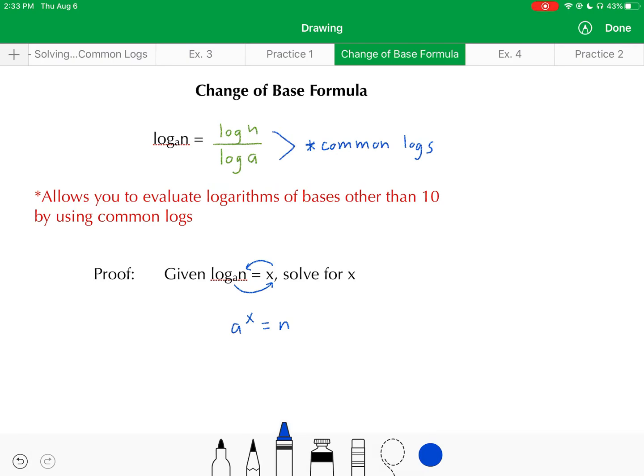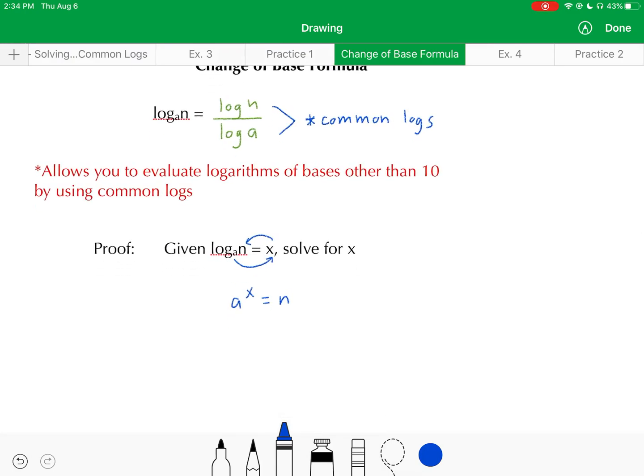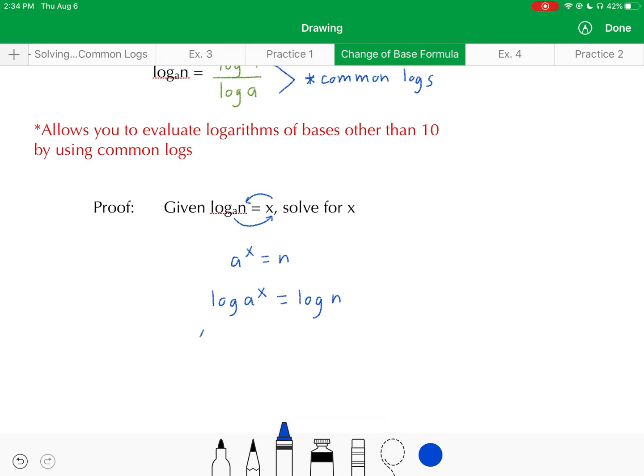So what I have here is an exponential equation, and just like we saw in our previous video, one way to solve an exponential equation is by taking a common log of both sides of that equation. And then I'll apply a power property.